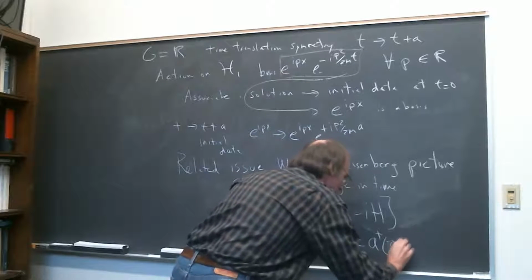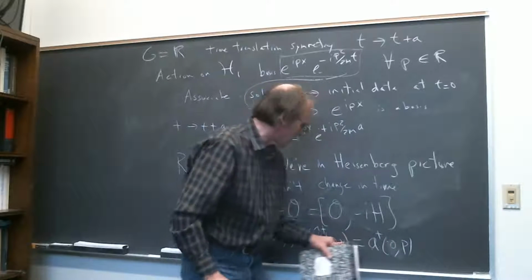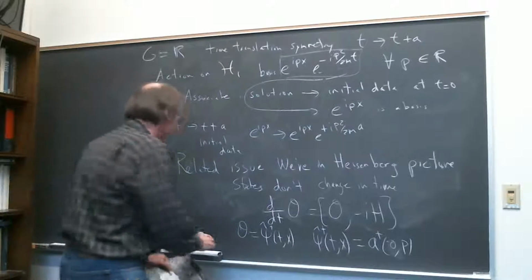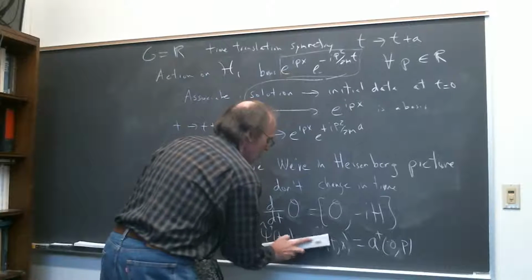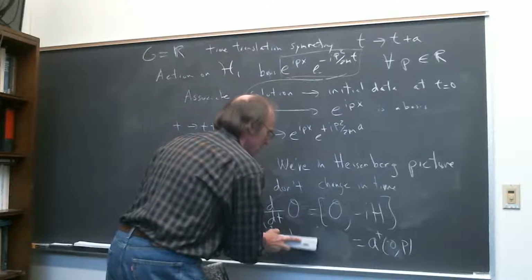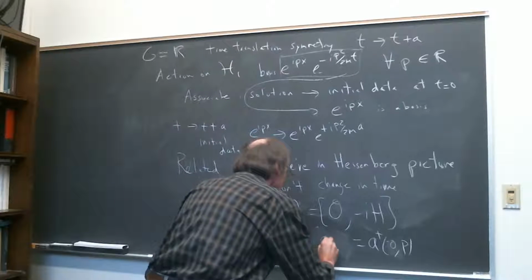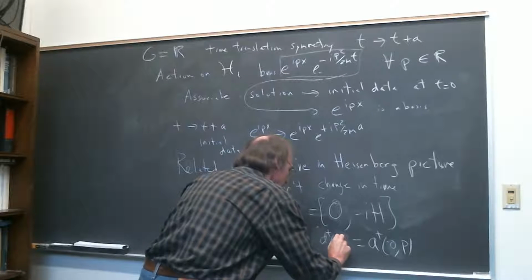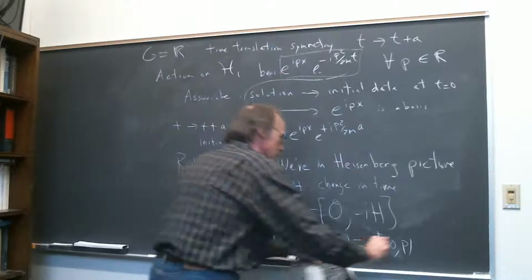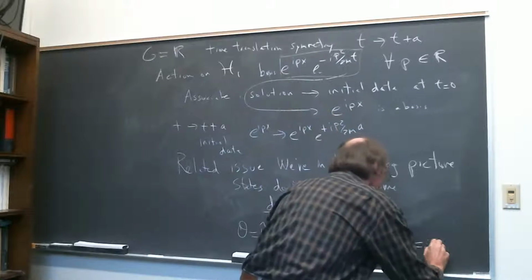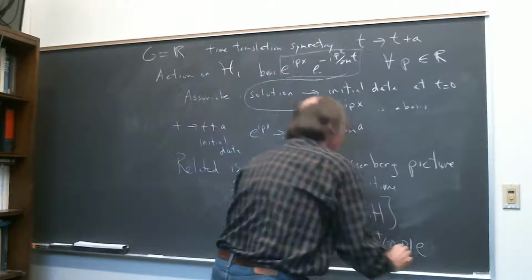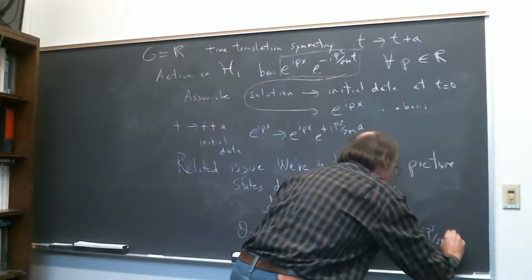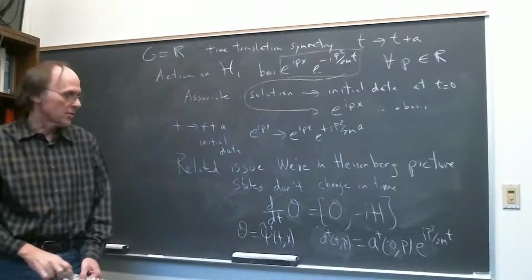Well, let's make it 0 t. Actually, sorry, maybe it's better to work in momentum space. So A hat 0 of t, p is this guy times e to the i p squared over 2m. Okay. So it's going to be that.